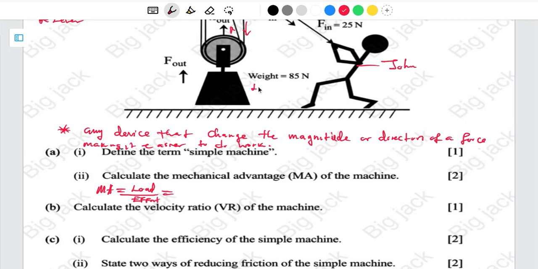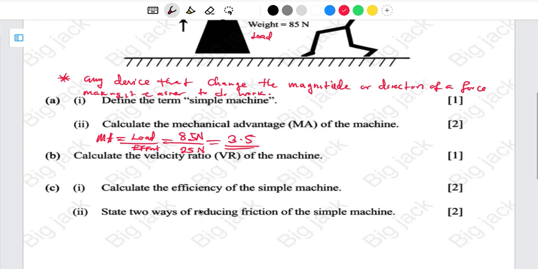So this weight here is also known as the load. The load is 85 newtons. Then the effort which John is putting on this system is 25 newtons. When I divide, I'm going to get 3.5. Remember, this is a ratio, so you have to ignore the units. Newton and Newton are going to cancel each other.